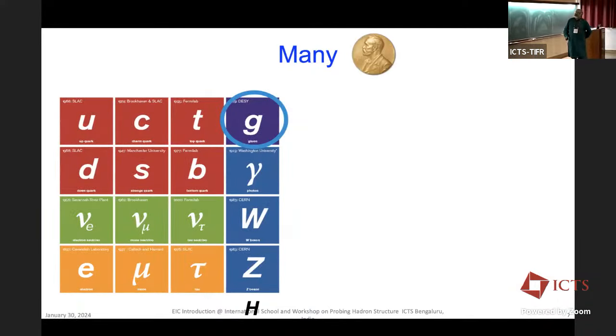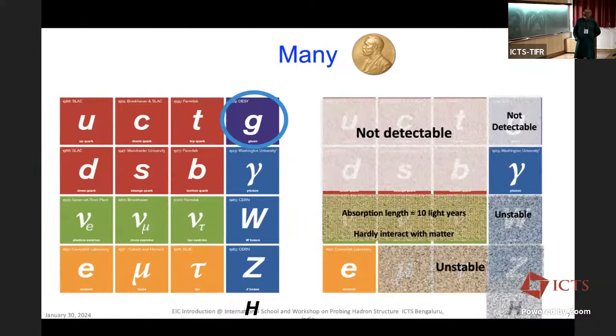You already saw this nice knowledge of our understanding of the standard model. We have 6 types of quarks. Each one of them has an anti-quark. Each one of them has a color, 3 colors, as you saw in the introductory lectures by Marco. Then there's a lepton sector with neutrinos and charged leptons, and this is the column of bosons, and there were different types of bosons.